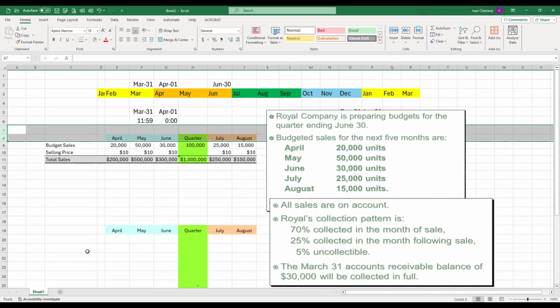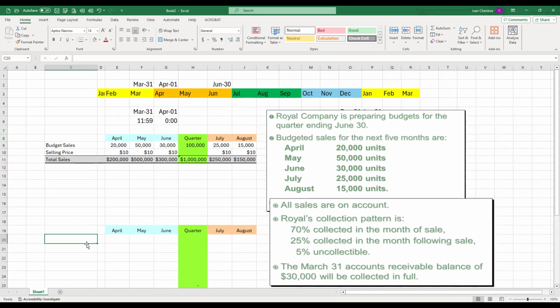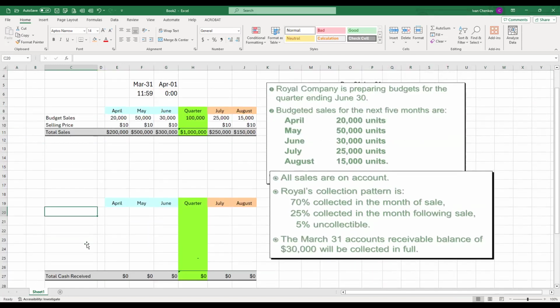Most likely in April. So what are we going to collect first in April? We're going to collect our beginning balance from the accounts receivable, which is for March. Correct? That will be our first collection here. We're going to collect those $30,000.